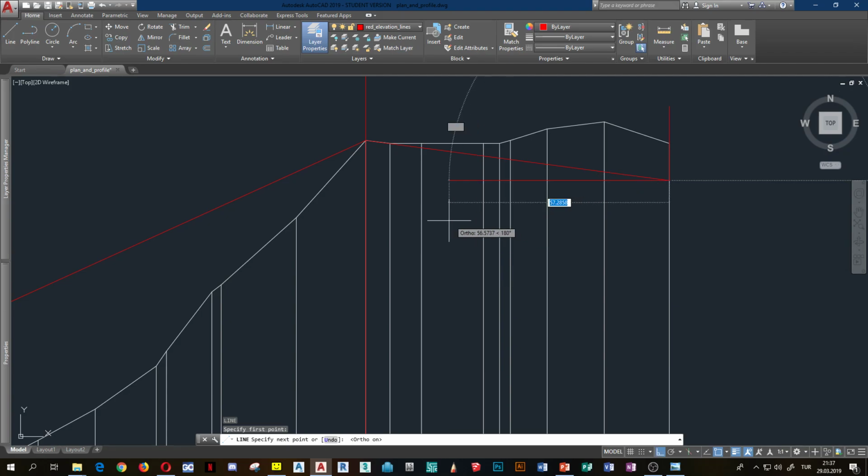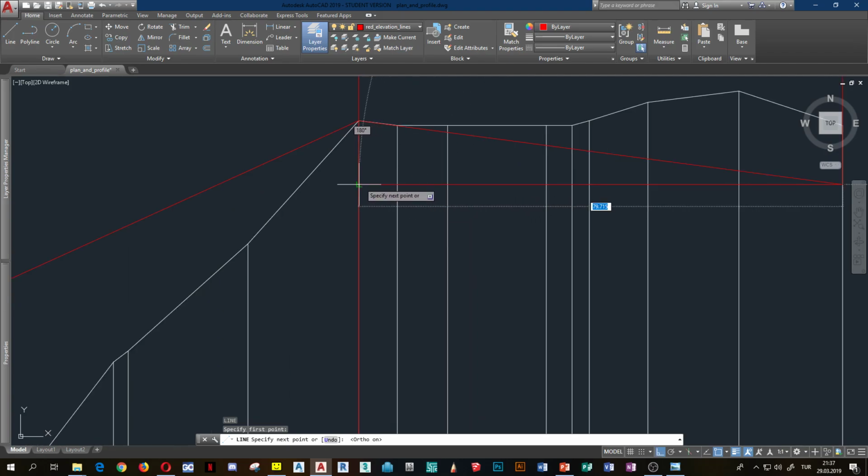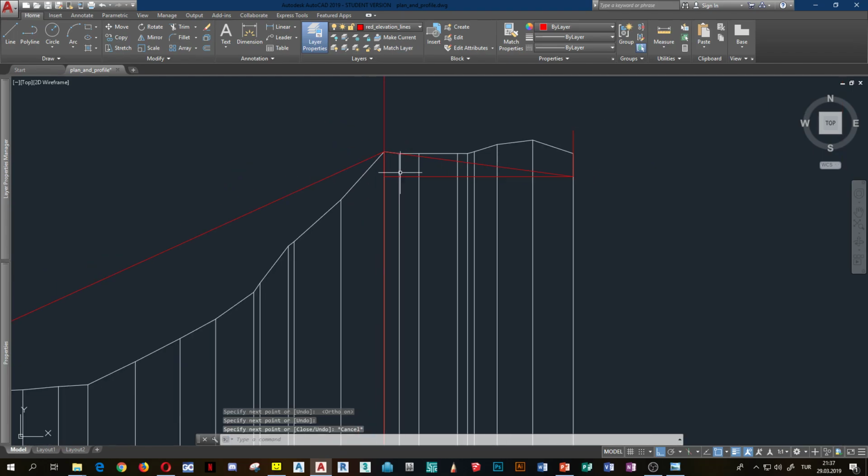Look at that. Press the F8 button. It's perpendicular. Yes.